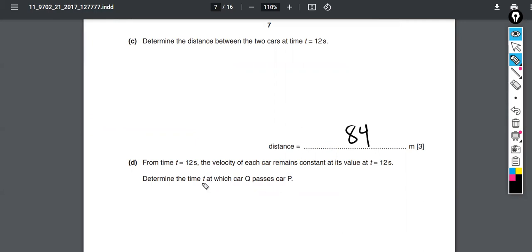The time t at which car Q passes car P. So if car Q is traveling at 30 meters per second and car P is traveling at 24 meters per second, so I think what we want to do here, okay, determine the time.